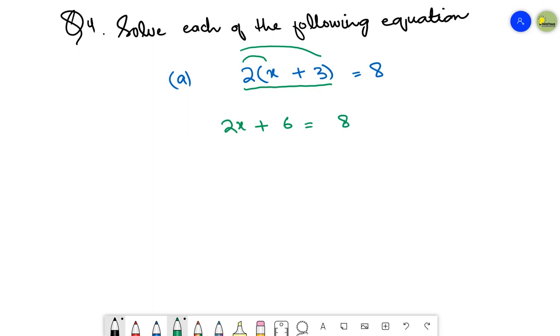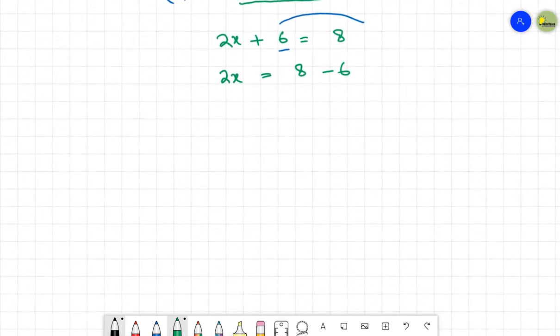Now, the next step would be the value that is independent of x will be shifted to the other side of the equation. So it becomes 2x equals to 8 minus 6. Minus 6, why? Because when you are going to shift it to the other side, the sign of the term is going to be changed.